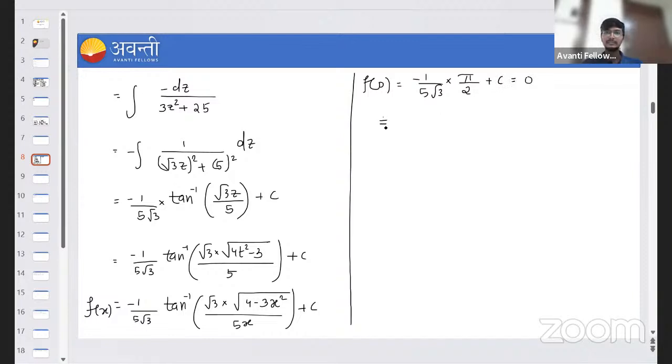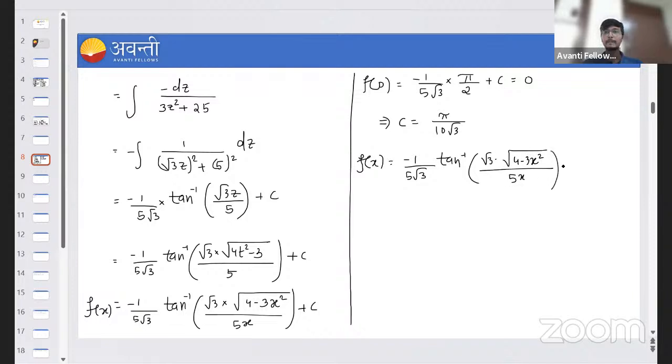So what is the value of c? It is pi upon 10 root 3. Resubstitute it here. So my f of x will be equal to minus 1 upon 5 root 3 tan inverse of root 3 into under root of 4 minus 3x square upon 5x plus pi upon 10 root 3.